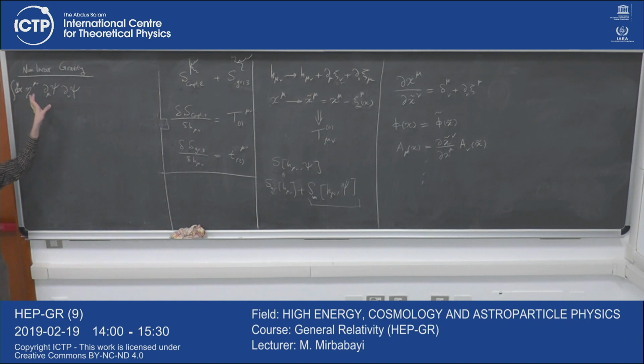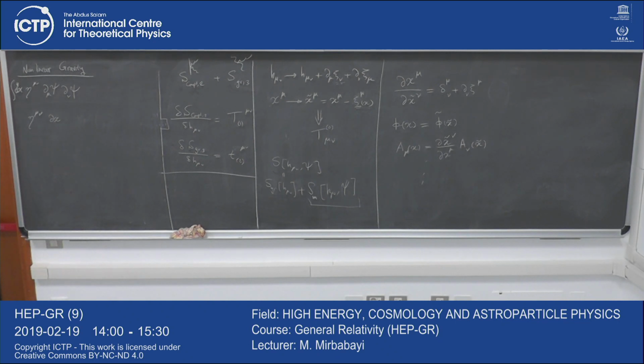Now this is no longer a valid action if I want to require general coordinate transformation symmetry, simply because this eta mu nu is not invariant under the general transformation. So if I multiply this eta mu nu by those transformation matrices, remember that eta mu nu is just a set of numbers.